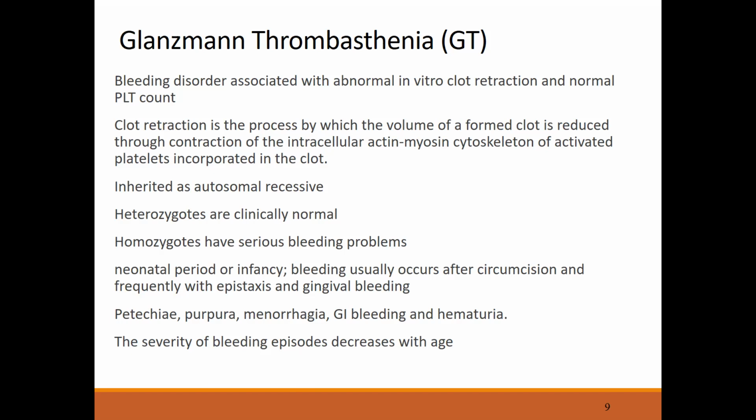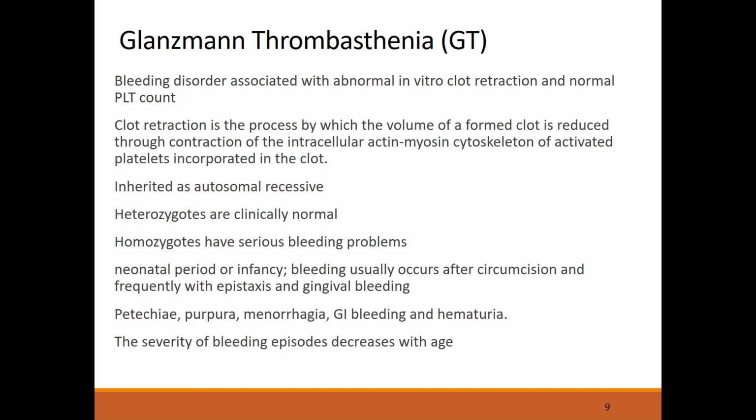This is a type of thrombasthenia in which there's a lot of hemorrhage, and the bleeding can be severe, and also it can be disabling for the patient. What's happening here is that this bleeding disorder is associated with abnormal in vitro clot retraction, but the patients that have this have a normal platelet count.